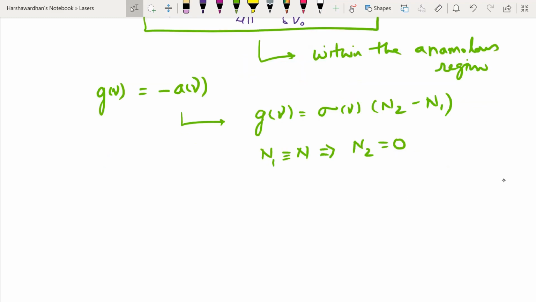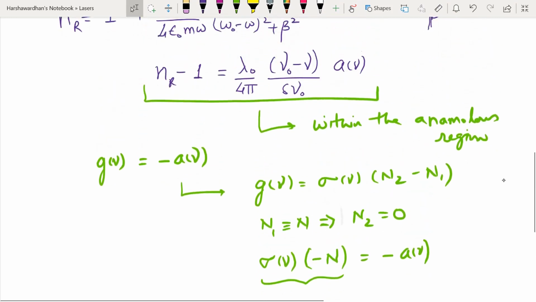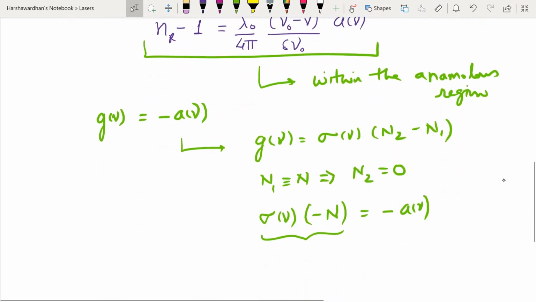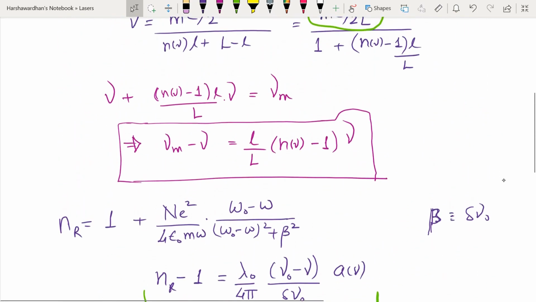That would mean that this is when I identify sigma nu times minus n. This quantity is precisely what we call a of nu, right? So that is what I have captured here. And because we are in the near resonant region, we want to stick to this definition. All right, so let us put this back into our expression. That is our equation number 1 that we have.